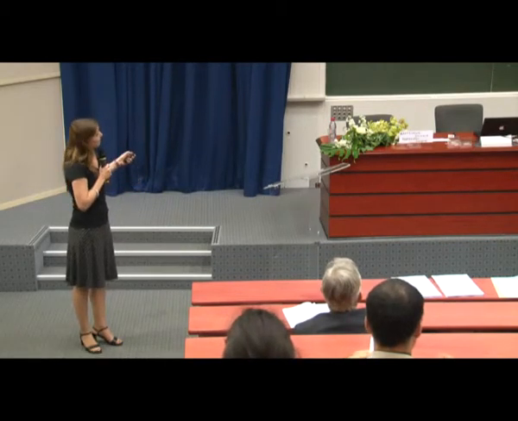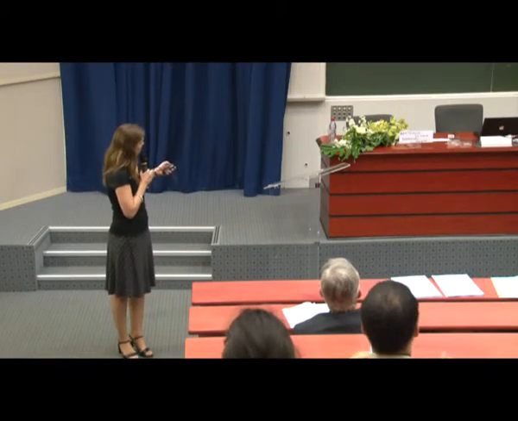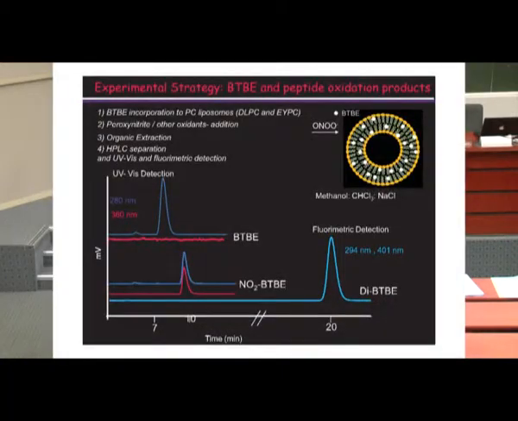So, in order to study the nitration mechanisms in hydrophobic environments, we developed a series of probes in collaboration with Dr. Balaram and Kalyanaraman, which are BTBE, a hydrophobic tyrosine analog which has a hydrophobic moiety anchored in the bilayer, and a series of transmembrane tyrosine-containing peptides, which have 23 amino acids which occupy the membrane, and in which the tyrosine residue is present at different positions: position 4, 8, and 12.